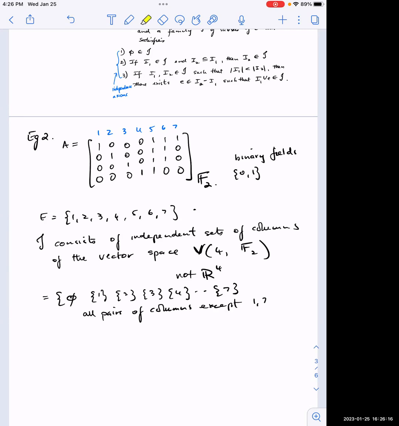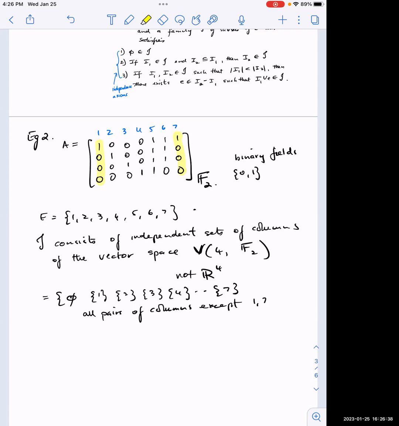Right, so what's the story with 1, 7? Well, if you add them up, what do you get? 0, right? 1 plus 1 is 0. I just realized I should keep track of the time. Yeah, so if you add up these two columns, 1 and 7, you get 0.